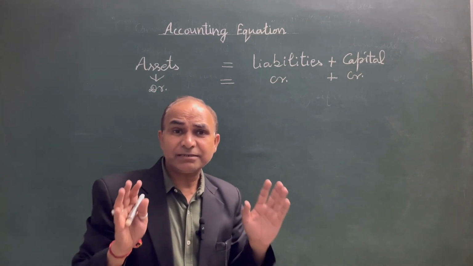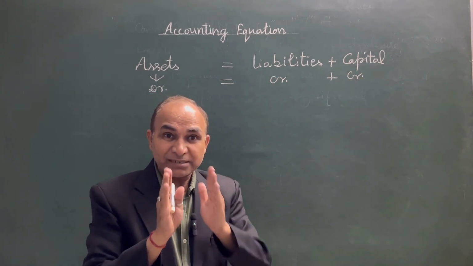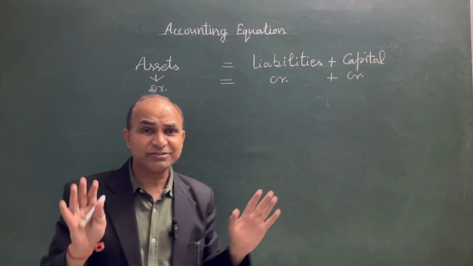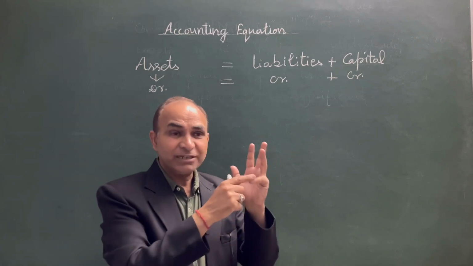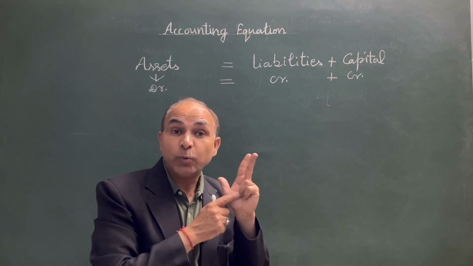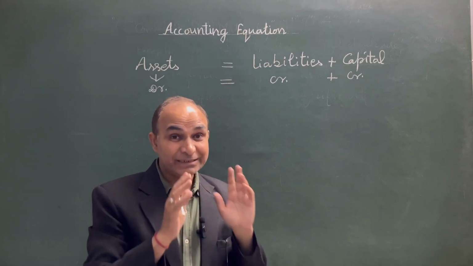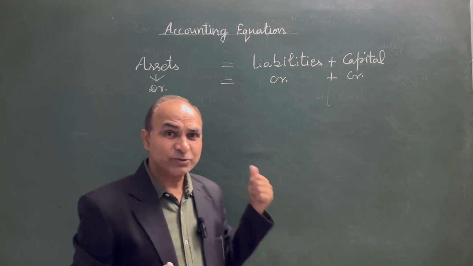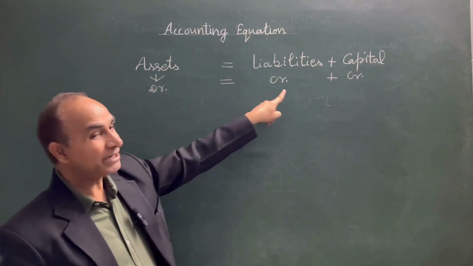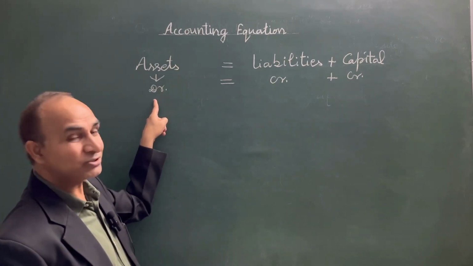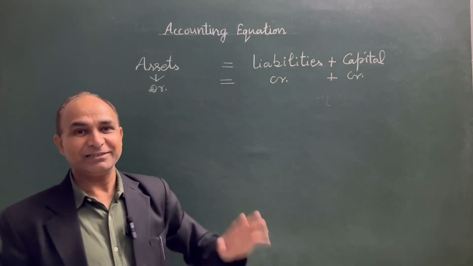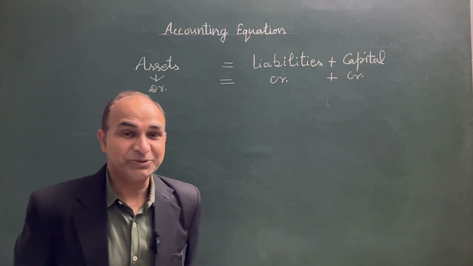And double entry system states that all debits are always equal to credits. Every transaction, if one account is debited, another account is credited with the same and equal amount. It means debits are equal to credits. So what does the accounting equation reveal? The same thing, debit equal to credit, because assets show the debit balance, liabilities and capital show the credit balance. This is one aspect you need to understand.